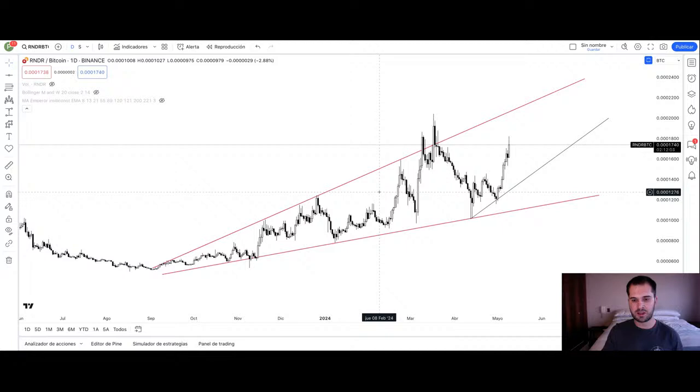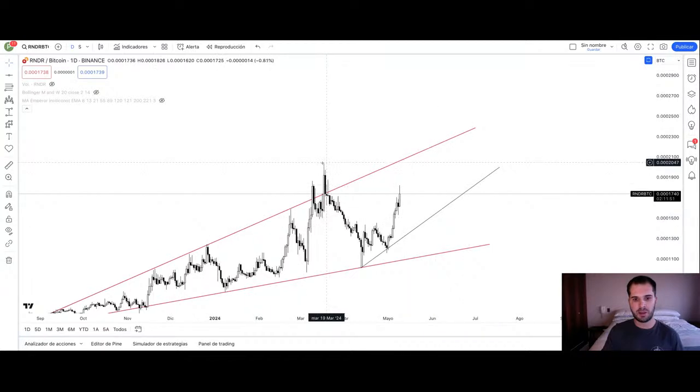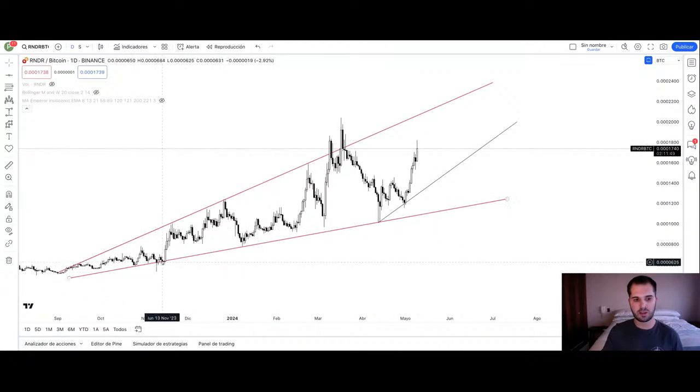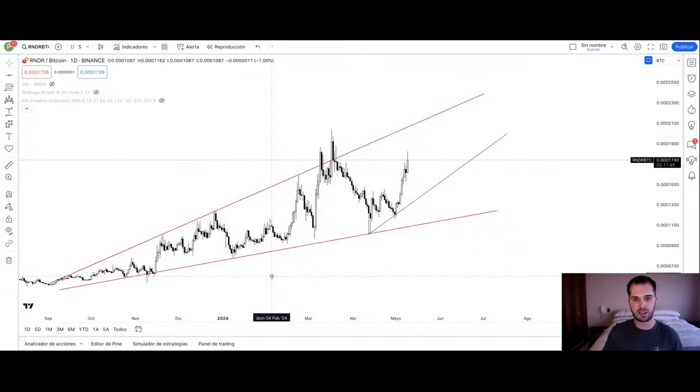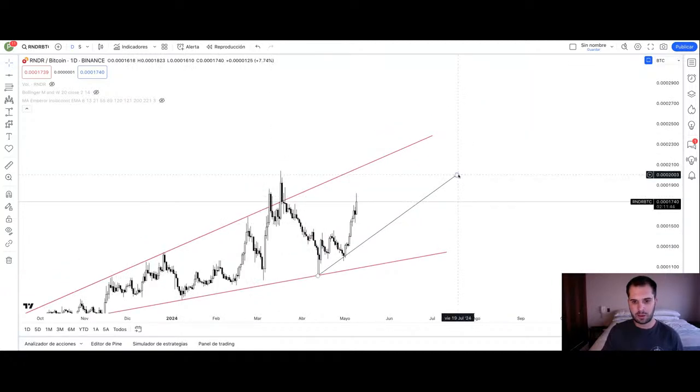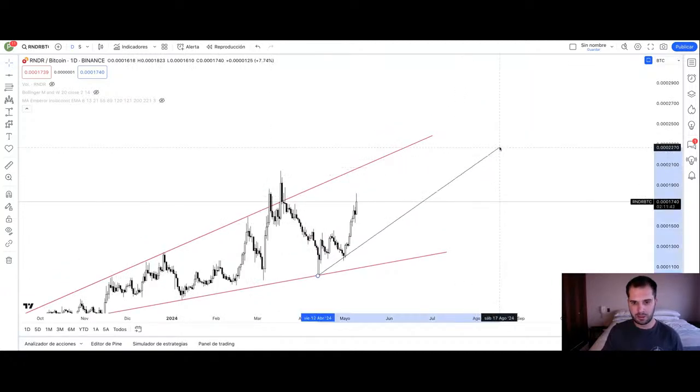Broadening wedges tend to represent a bullish asset that may have a bearish bias. It's what the psychology would represent on this asset. And we had a deviation to the upside here, and a small deviation down here to the downside.